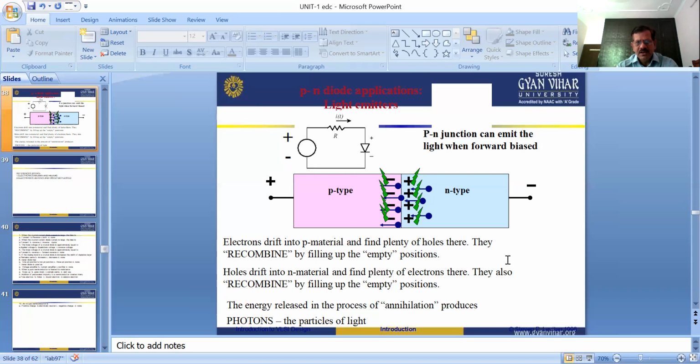So we have the diode as a switching device and as a rectification device. These are the main applications of the diode, which play a very important role in the electronics field.